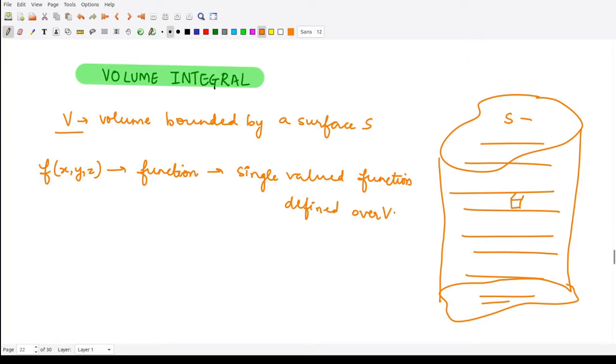Suppose I am taking one small portion of this volume as this one, right? I am calling this volume delta Vi, right? So I am dividing the volume V here into n parts. According to that, this is the volume for one particular portion.